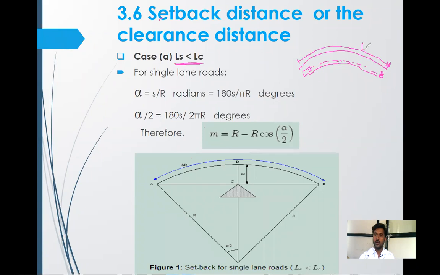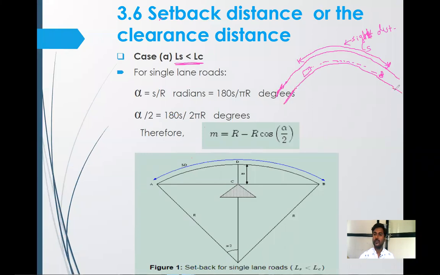This is taken as the stopping side distance, SD. But suppose this curve is not ended here and continues up to this point, and after this portion there will be the straight road.